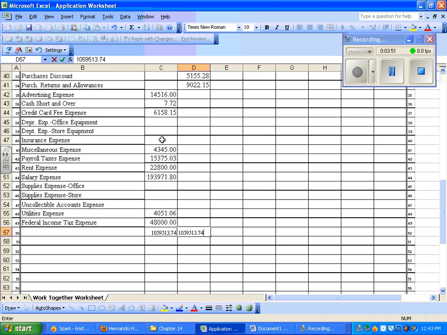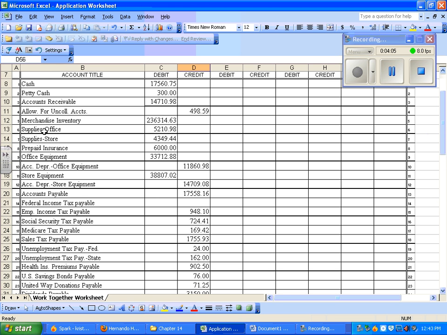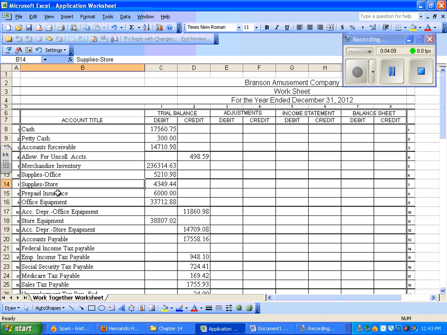Moving on to the next part. We are going to do adjustments for both supplies, office and store, and for prepaid insurance. So the first thing we need to do is go up here and look at our supplies. Our books show that our supplies office has $5,210.98.